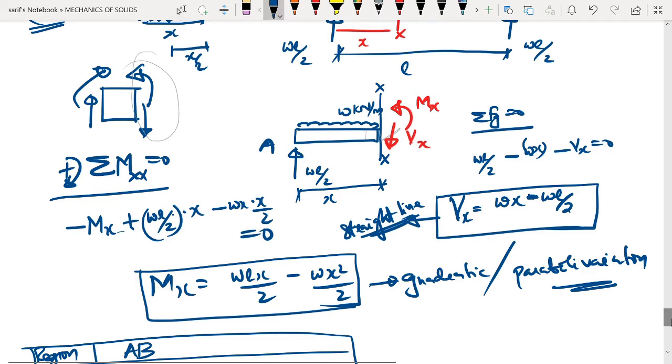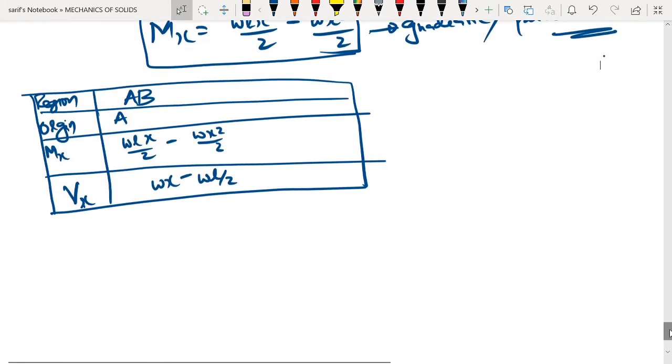There is a slight mistake. This expression is wL by 2 minus wx. So this is the expression. There is a slight mistake in it, otherwise it should be okay.